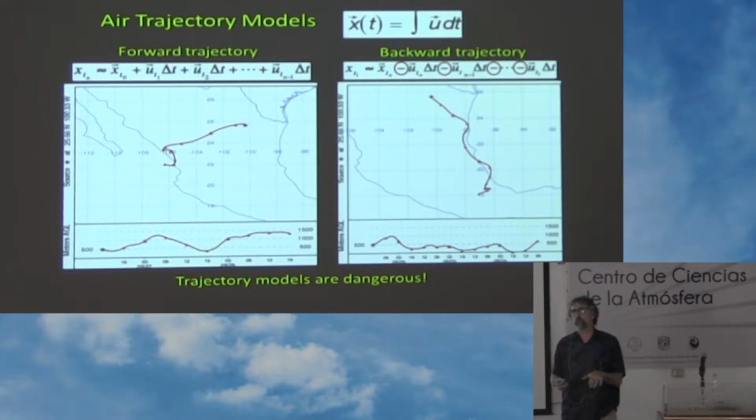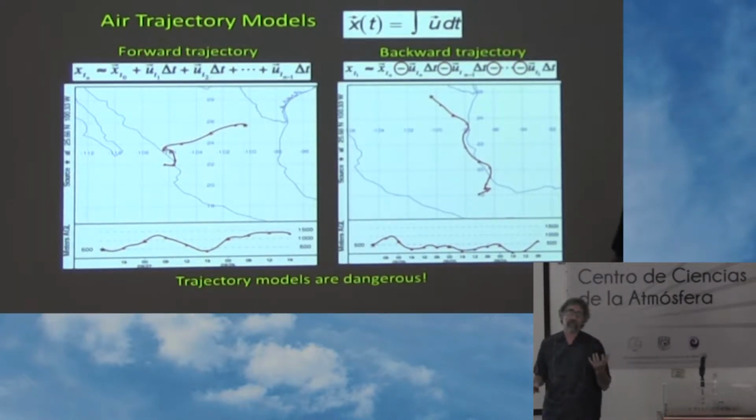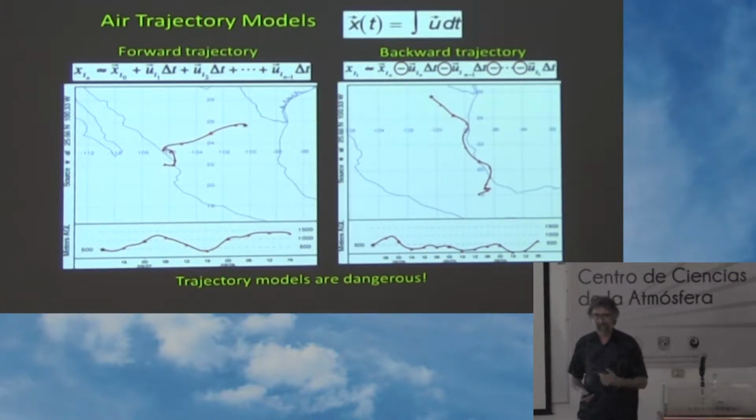When you use a trajectory model, you want to ask a question, you know, where the air that's here now, where was that air 1 day earlier, 2 days earlier? So you need to have meteorological data for everywhere. The whole world, three-dimensionally, all the altitudes, and not only winds, also temperature and other variables.